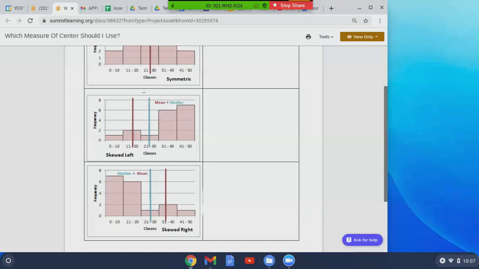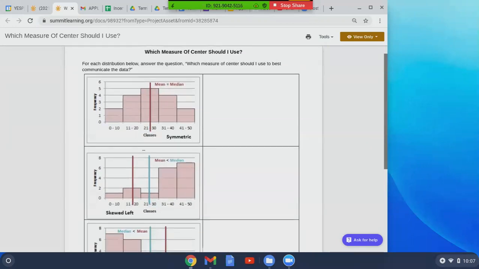That is all. You probably cannot write in those boxes to the right of the diagrams, so put it at the bottom. Okay. Complete sentences. The best measure of center is. Okay. So that's it for the third checkpoint.